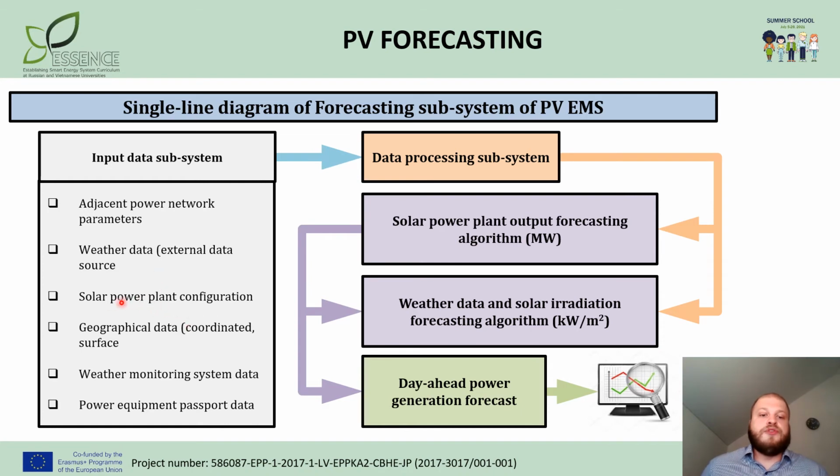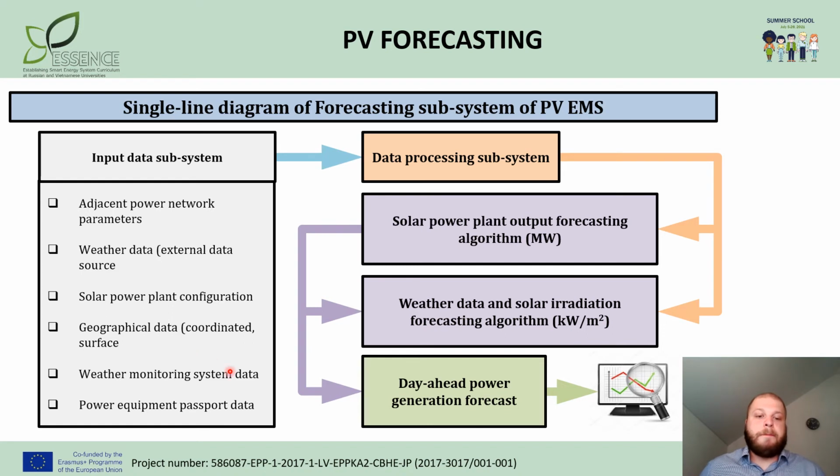Of course, there is some geography data, which gives us a more detailed understanding of the PV location. Weather monitoring system data includes wind speed meter, solar irradiation meter, humidity and temperature as well.